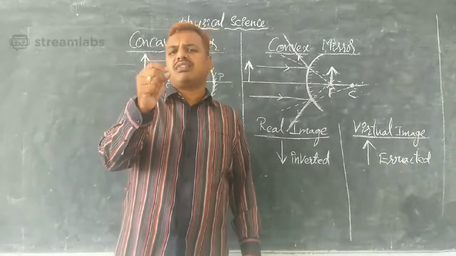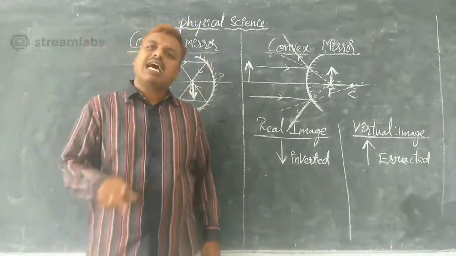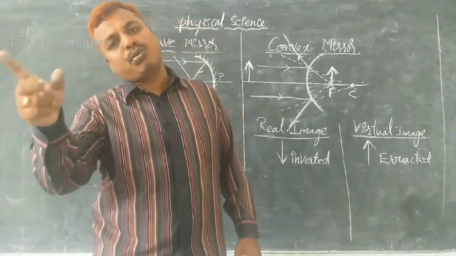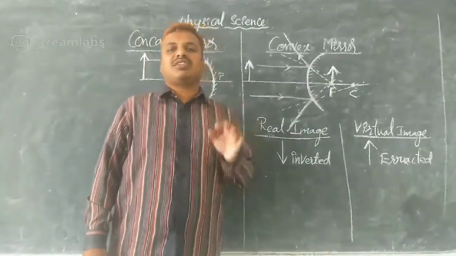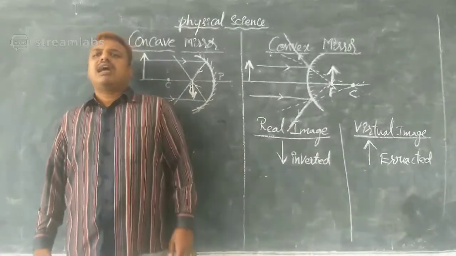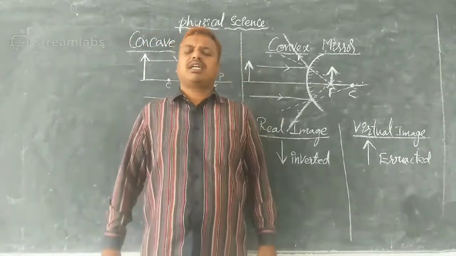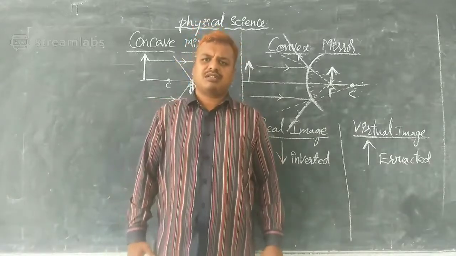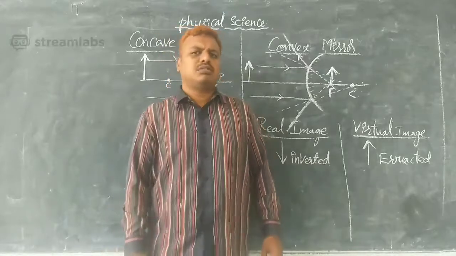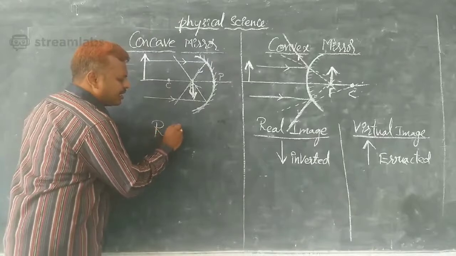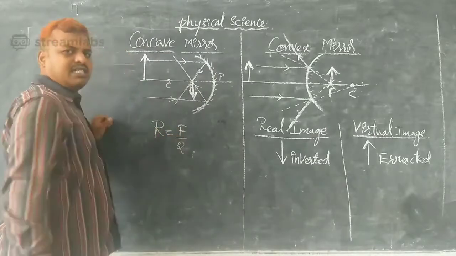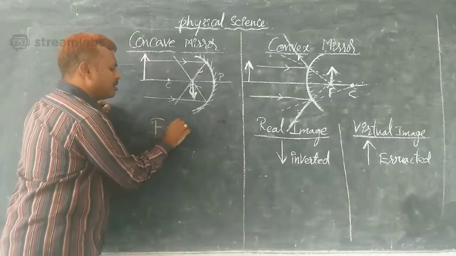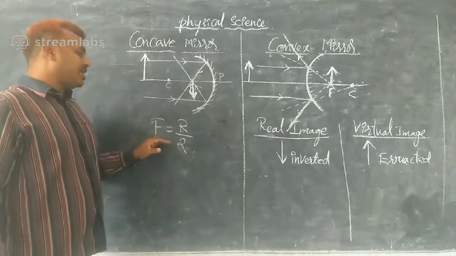One is center of curvature, denoted with C, and another one is focus, that is capital F. From the center of curvature to the pole, the distance is called radius of curvature and it is denoted with capital R. Usually, wherever you take a spherical mirror, focus is half of the radius of curvature. That is why F is equal to R by 2.